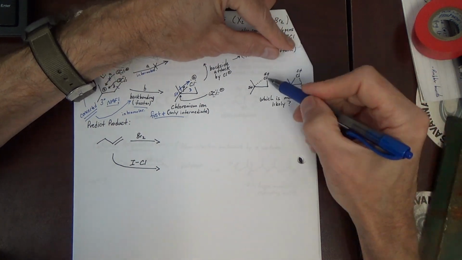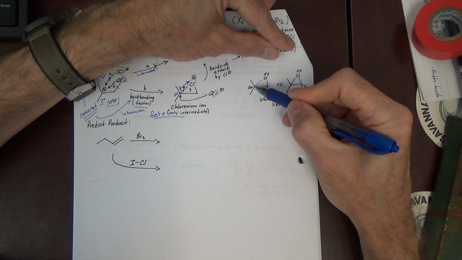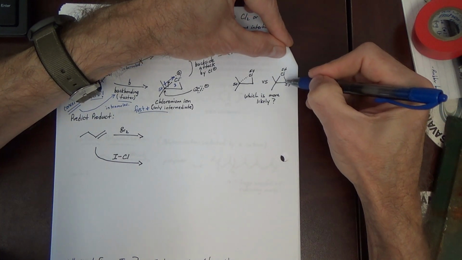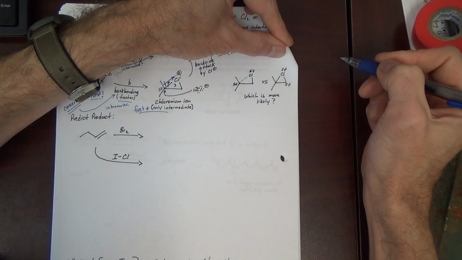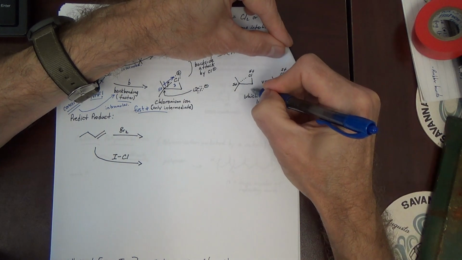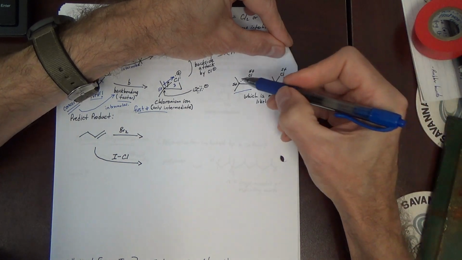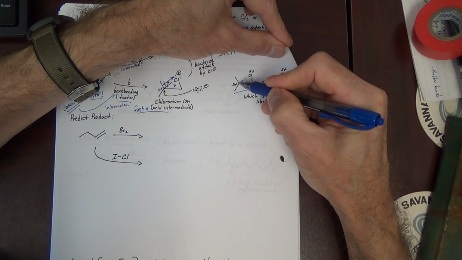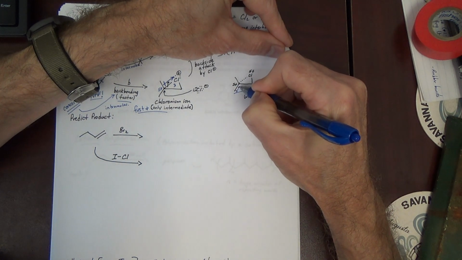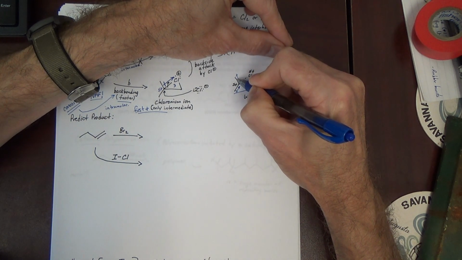Now the question is, would we rather leave partial positive on this carbon over here, or would we rather have the chlorine pull on the other carbon? And the answer is this one here is best, because this carbon can handle more partial positive charge because it is more substituted, it has more rich friends.